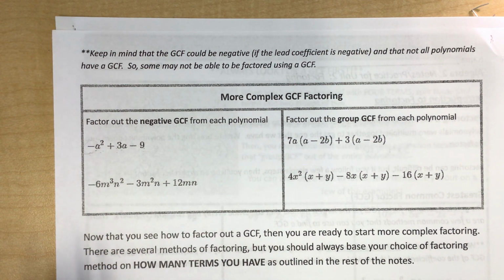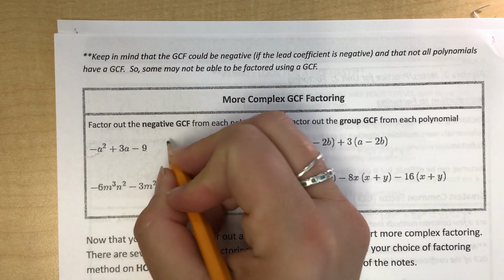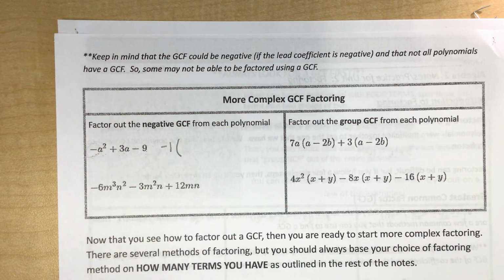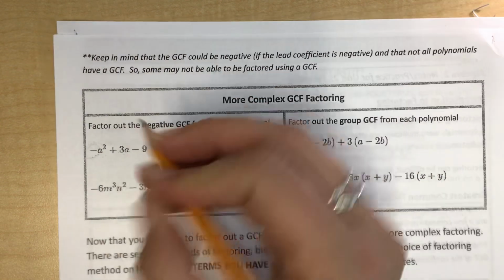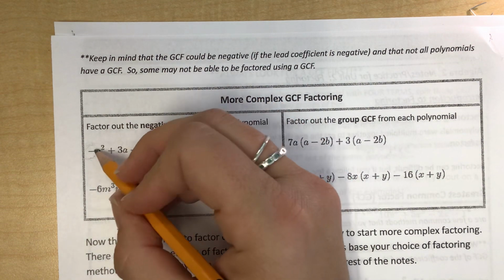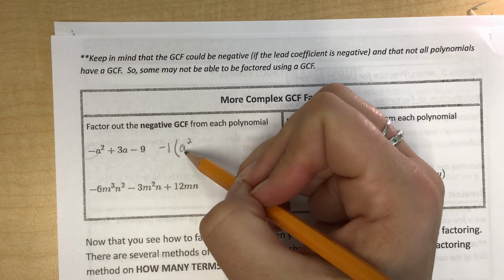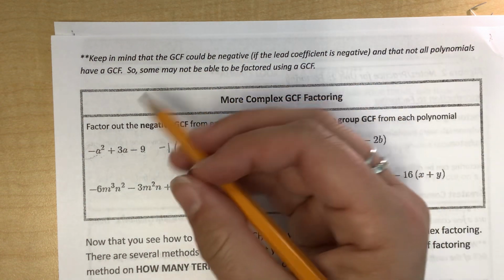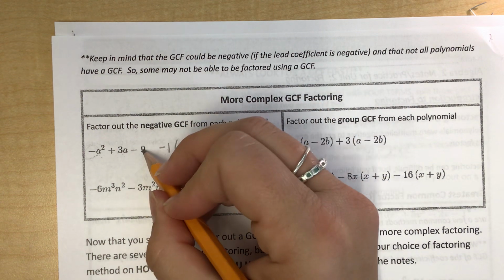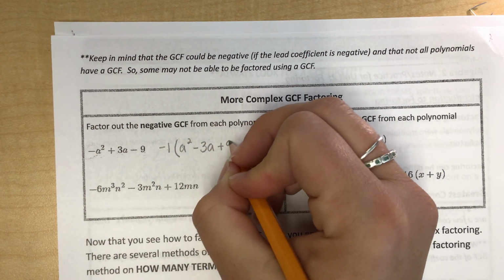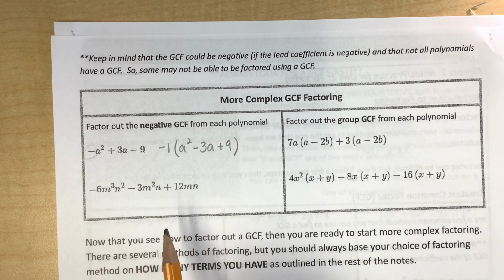So there's really nothing I can factor out except, since the first term is negative, I'm going to factor out a -1, because we like to pull the negative out instead of leaving it in. So -1 divided by -1 gives me a +1. I didn't bring any a's out, so I'm just going to leave my a alone. 3 divided by -1 gives me -3a. -9 divided by -1 becomes a positive. So we always want to factor out the negative if it comes first.